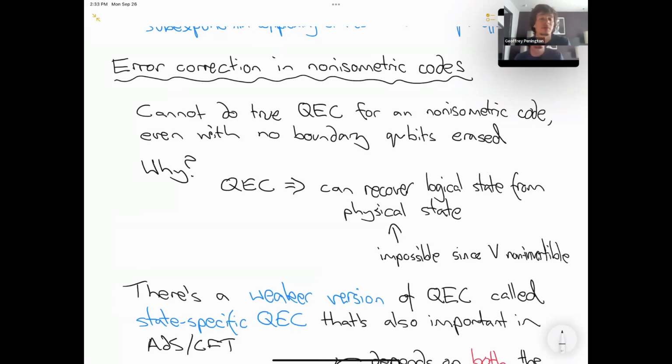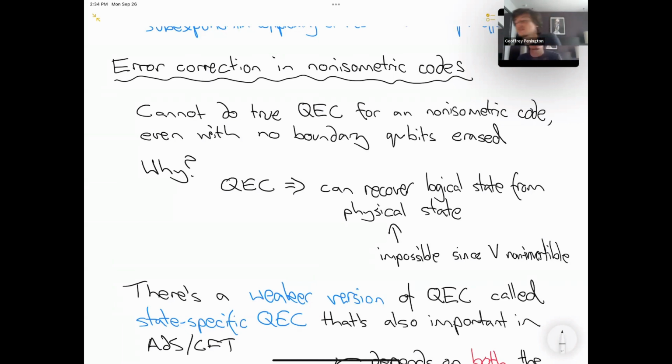If we could, then we'd be able to look at the physical state, do some physical operations, some linear maps, and recover the logical state. That's one definition of quantum error correction. But that's impossible, because a map V from a much larger Hilbert space into a much smaller Hilbert space is always non-invertible. There's just no way to get back where you start. So we don't have quantum error correction in the sense of Almheiri, Dong, and Harlow.